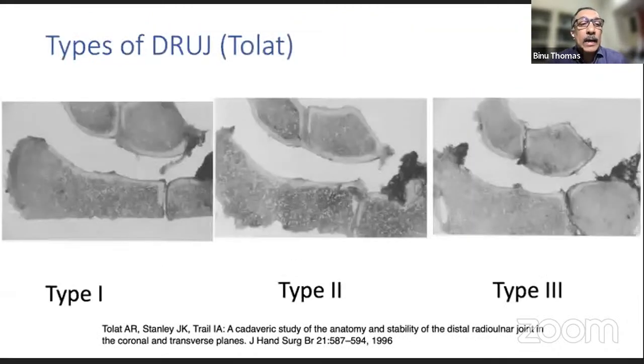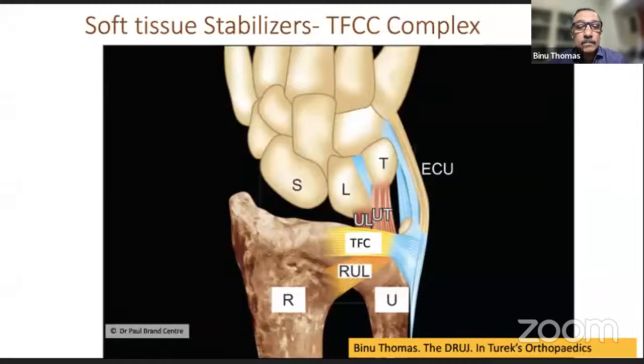Similarly, the sigmoid and the ulnar head can be parallel to each other, that is type 1, or oblique, which is called type 2, and there is a reverse oblique type, that is type 3. So these are the different types of distal radioulnar joints according to Tolat classification.